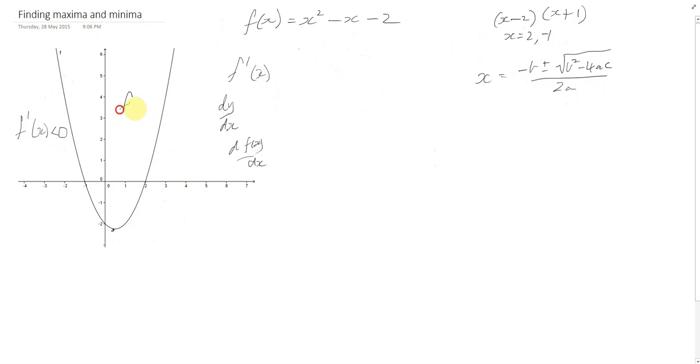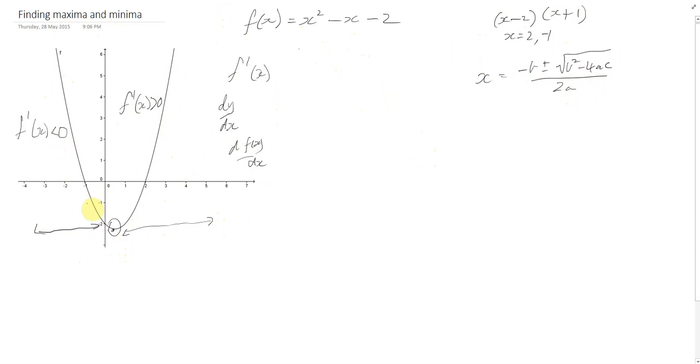So on this side our derivative, our gradient, is larger than 0, it's positive, and it's negative for all of these ones. But what is it right here at our turning point?